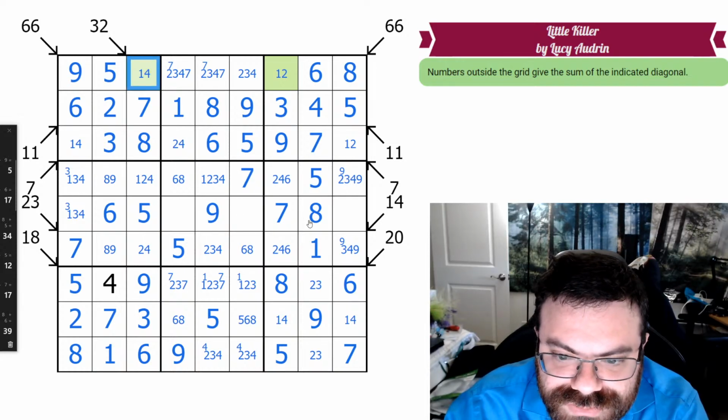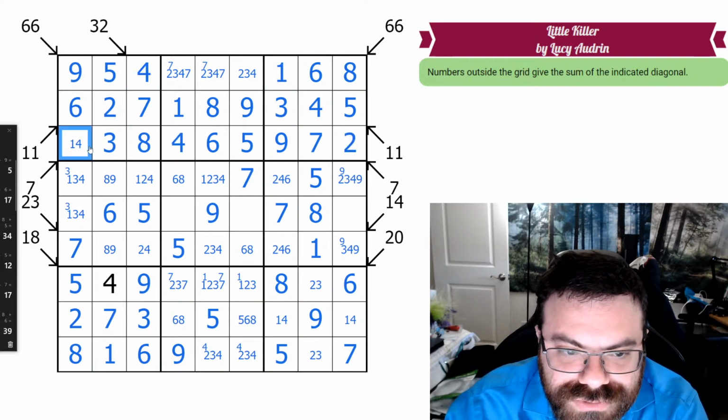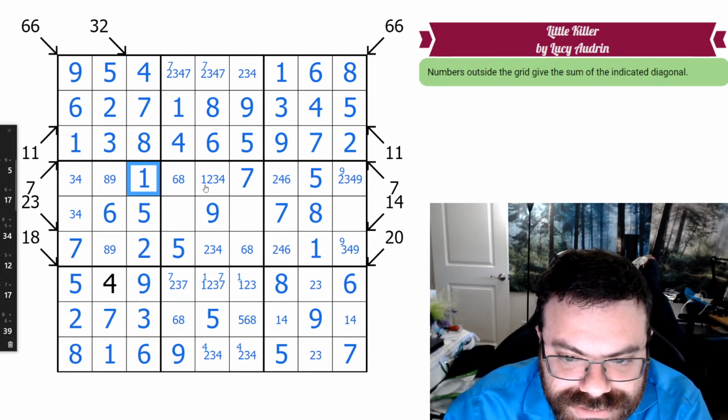We can finish this with a 4. That's a 1. That's 2, 4, and 1. 3, 4 pair means this is 2 and 1.